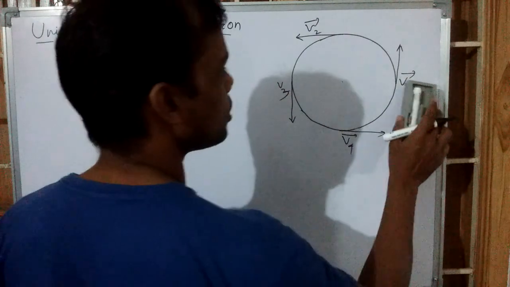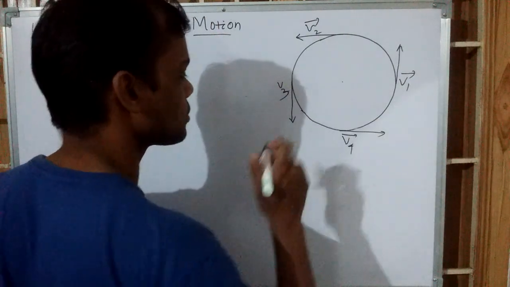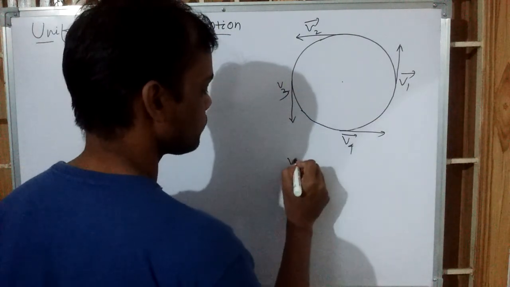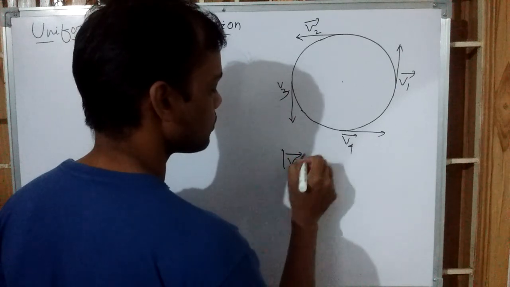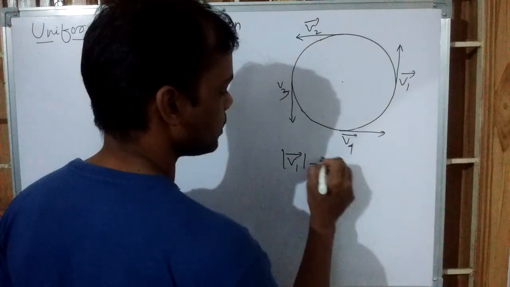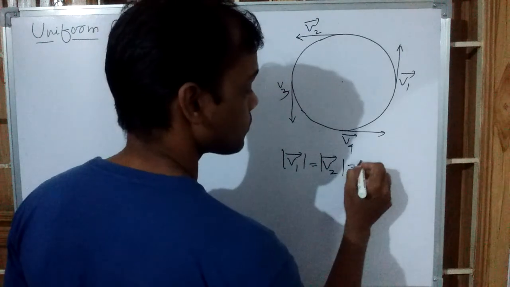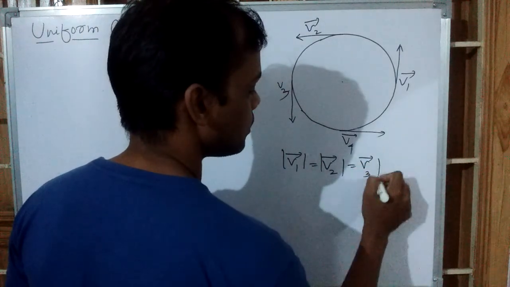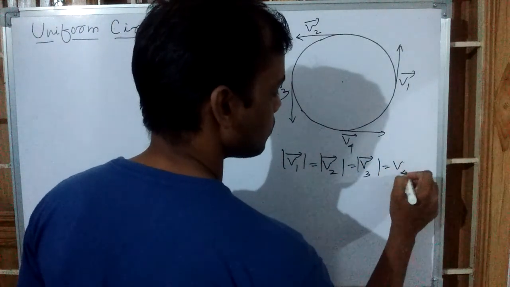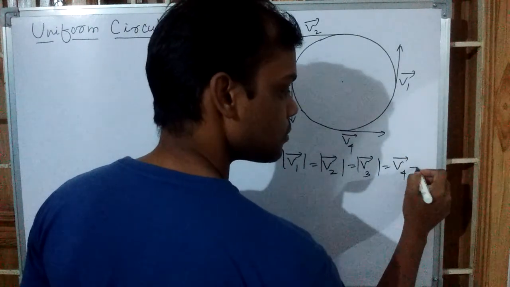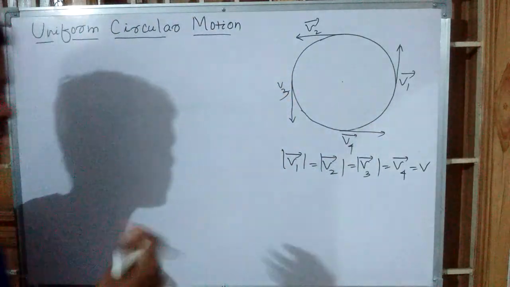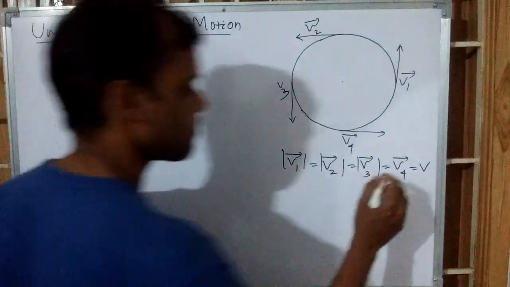So very simple. If it is uniform circular motion, I can simply assume the magnitude of v1 is equal to the magnitude of v2 is equal to v3 is equal to v4 is equal to v. Let all the magnitudes be v.